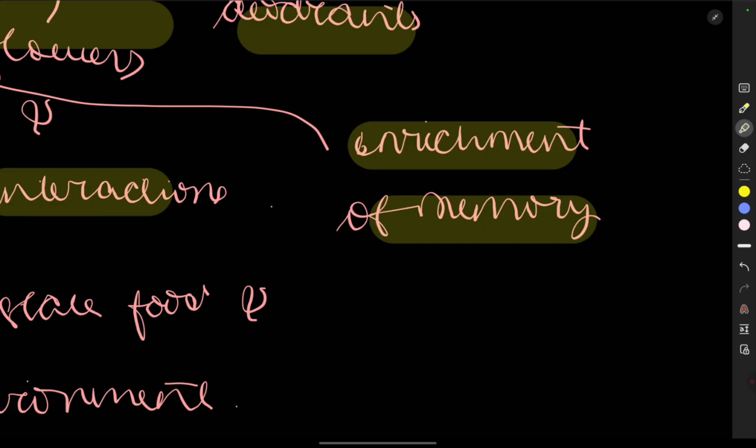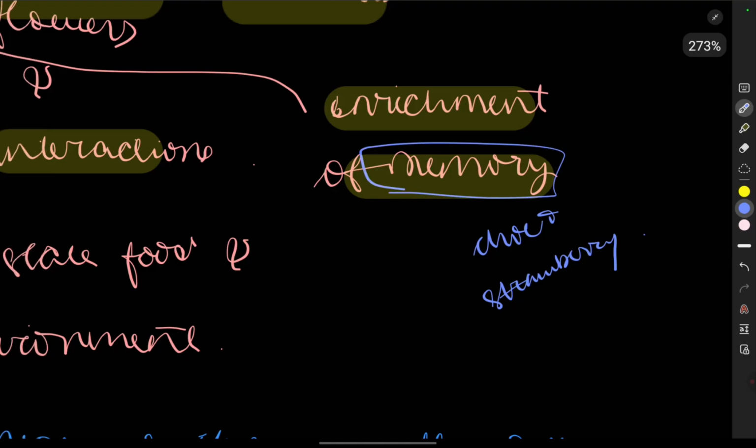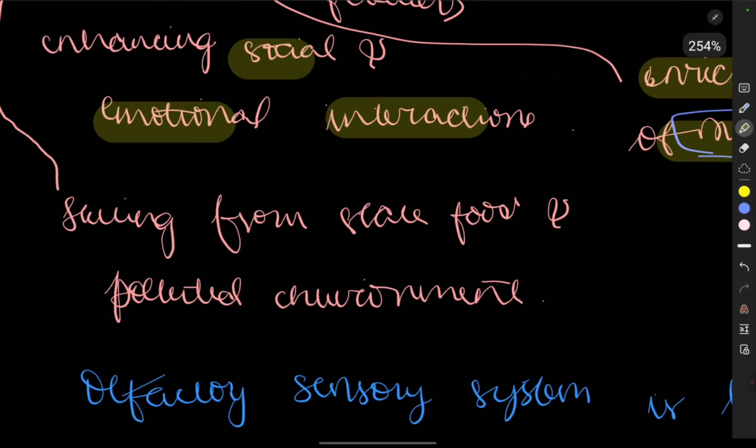Now if I tell you to think of a chocolate cake, you will sense the taste and also the smell of the chocolate cake, even though the chocolate cake is not present in front of you. And if I were to think of a strawberry cake, you would surely sense the smell of the strawberry even though the strawberry is not present. So it is because of the memory. It enriches the memory as well.